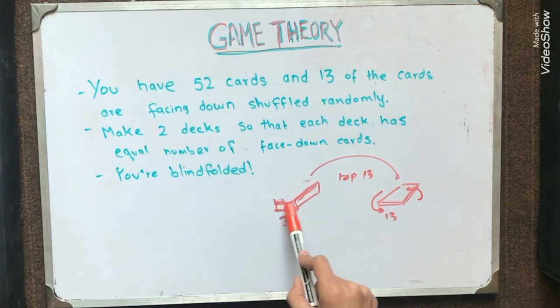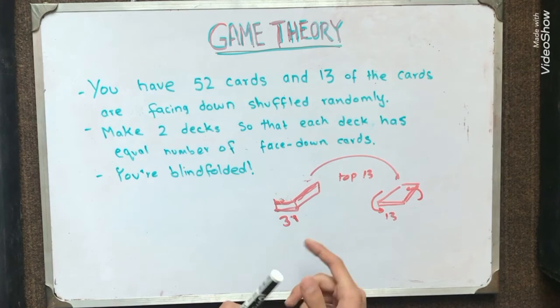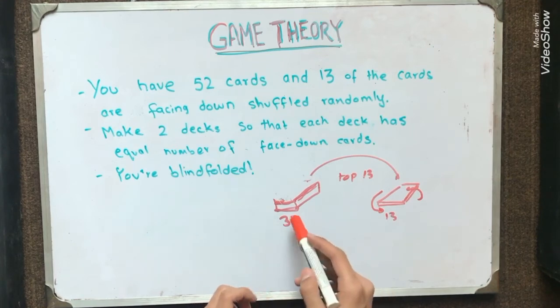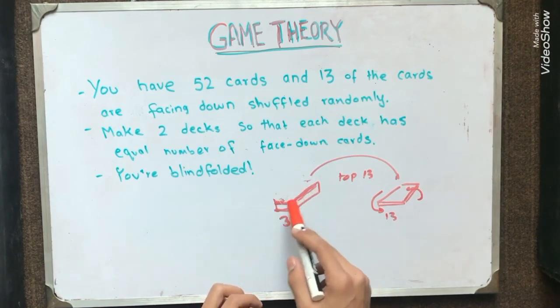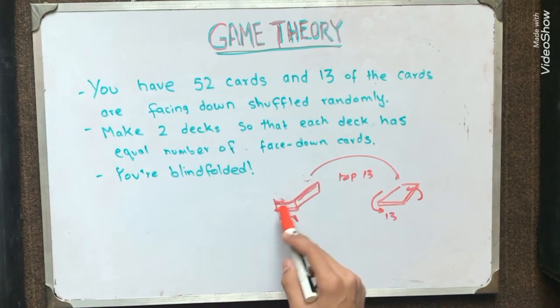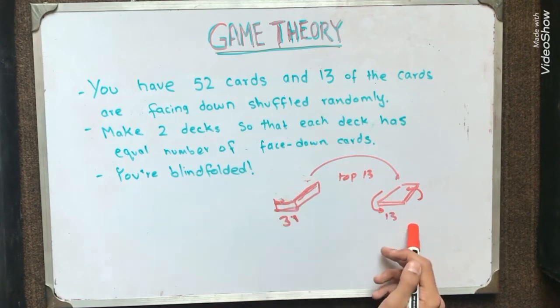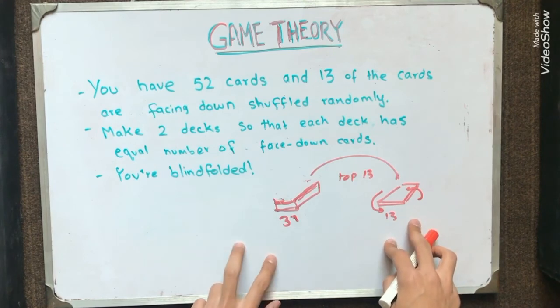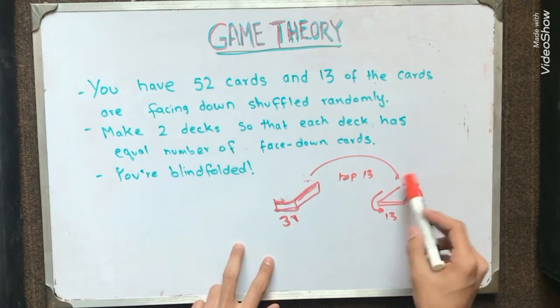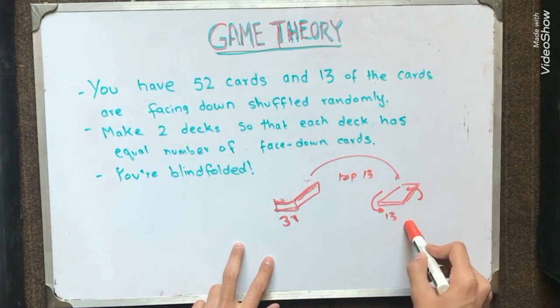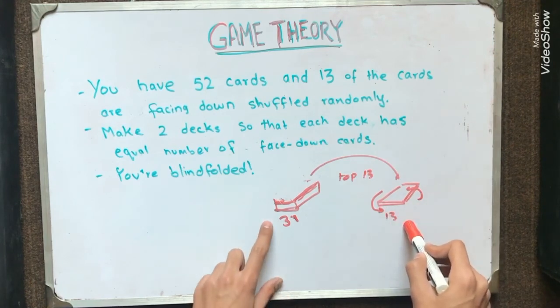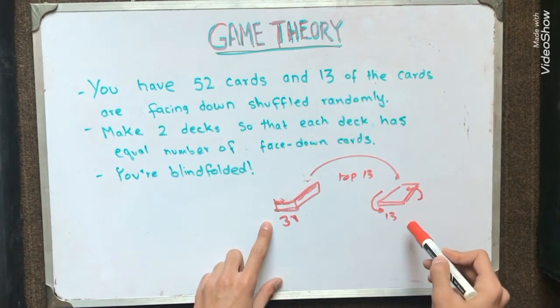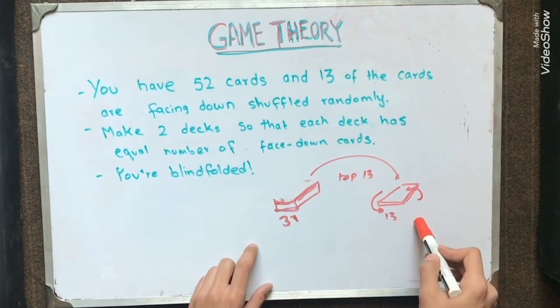What if all 13 cards were facing down and, randomly shuffled, they ended up on the top of deck 1? Now you take them and flip them, and you end up having none of the cards on each side facing down, because these 13 were facing down and when you flip them, they're facing up. So once again, you have an equal number.